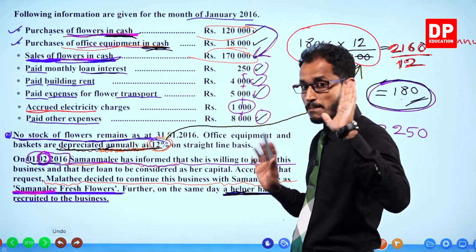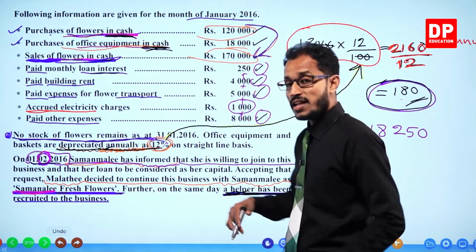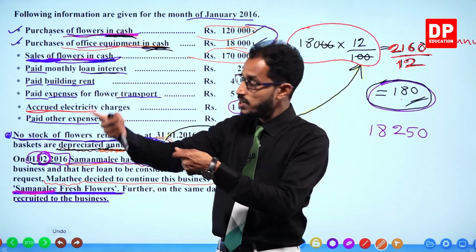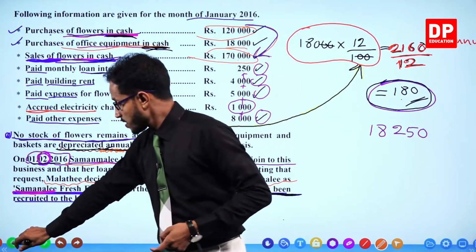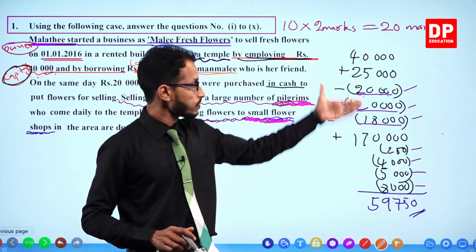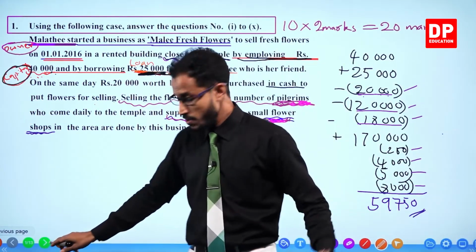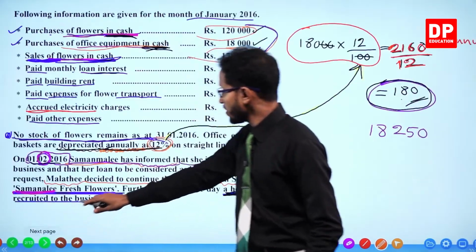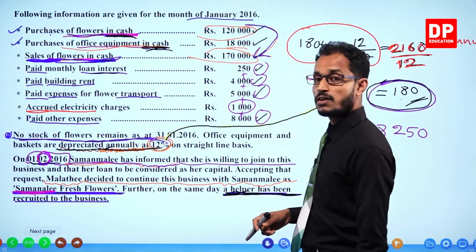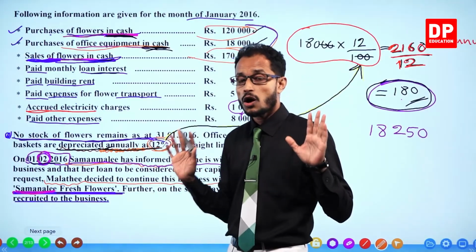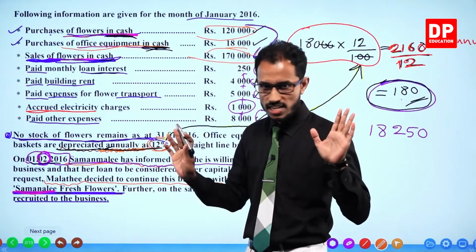Non-cash expense, non-monetary expense. Even though we have not included this depreciation here, because we took only the cash outgoings here, we must take the non-monetary expenses for the profit or loss statement, because the profit or loss statement is prepared on accrued basis, not cash basis.